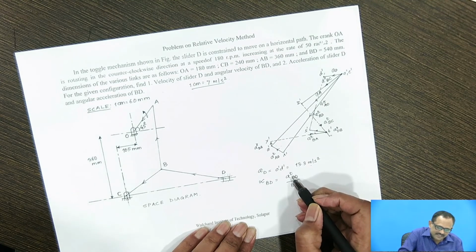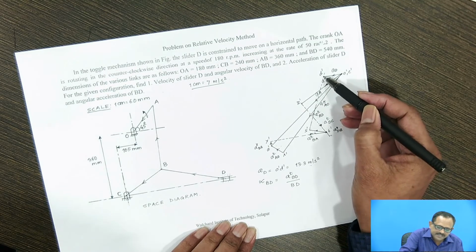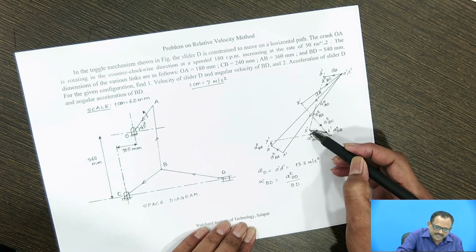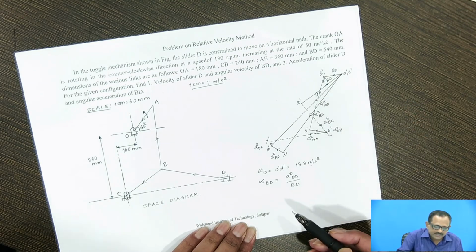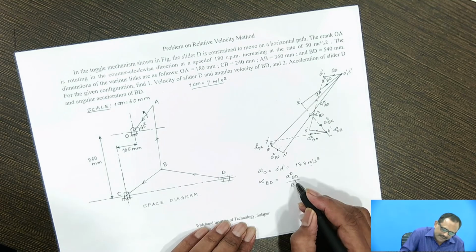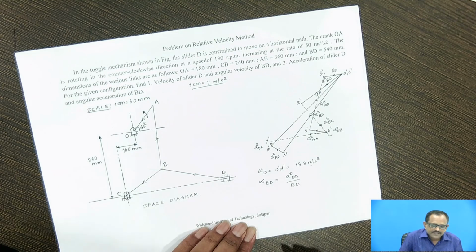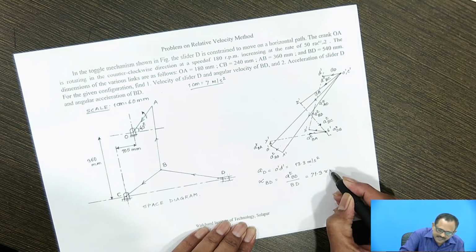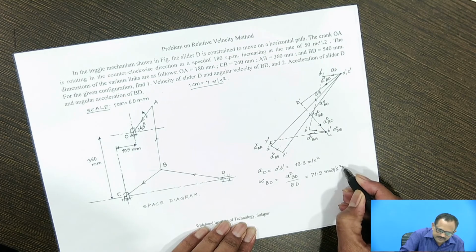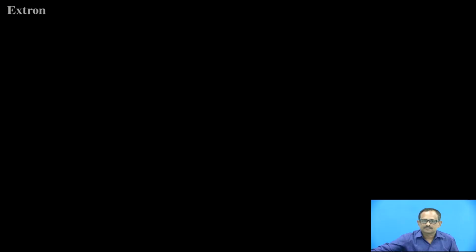The tangential acceleration of BD can be obtained by measuring the vector s'd'. With the scale, measure vector s'd', multiply by scale, and you get the tangential acceleration of link BD. Put that value here, with the link length of BD given, and the angular acceleration is 504.21.3 radians per second square. So, this is how we can find the acceleration of the slider as well as the angular acceleration of the link.